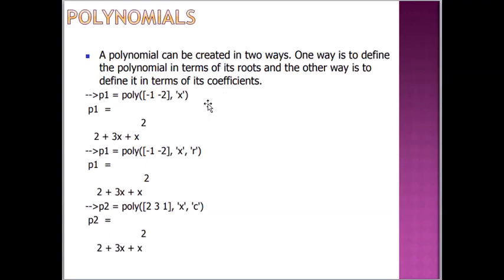And a polynomial can be created in two ways. One way is to define the polynomial in terms of its roots, and the other way is to define it in terms of its coefficients. So here we write p1 is equal to poly minus 1 minus 2 to x. So here we define the two variables, meaning two components of our equation, minus 1 minus 2.